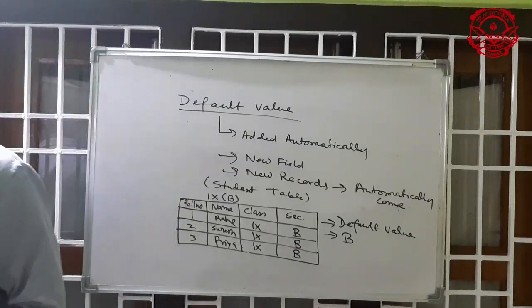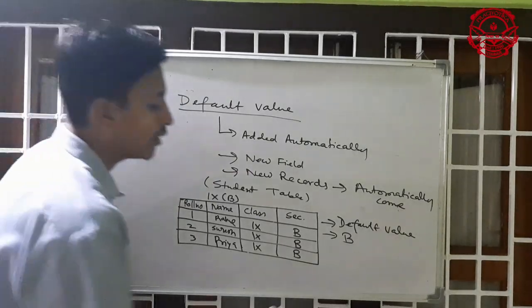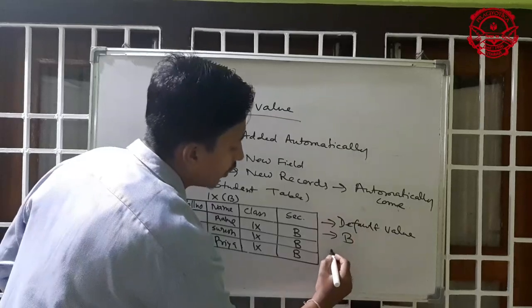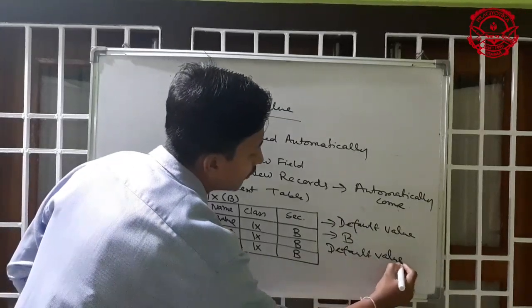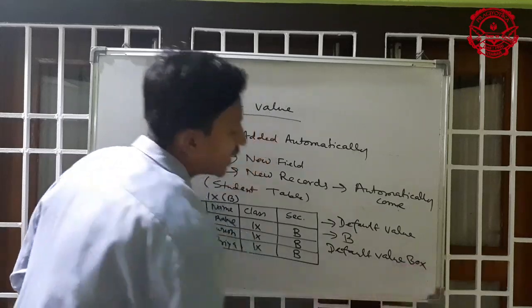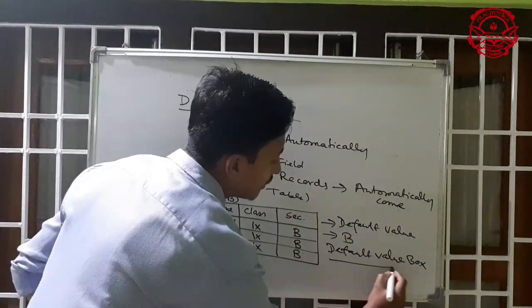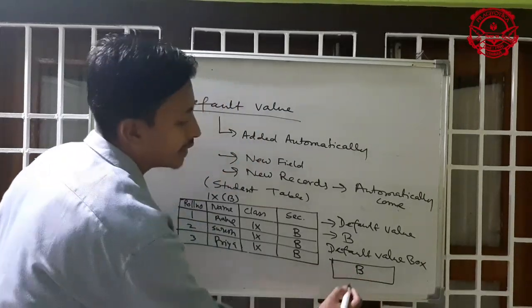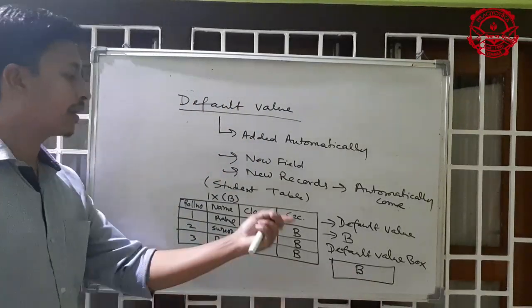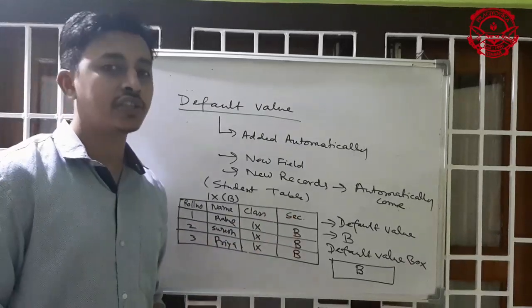So for default value, just go to the default value box. In the default value box, give the default value. I am giving B as a default value for the field section.